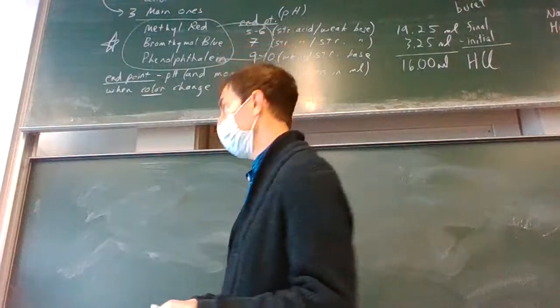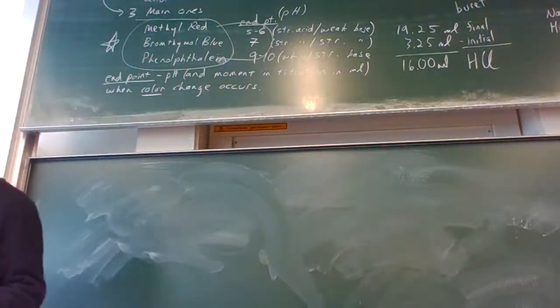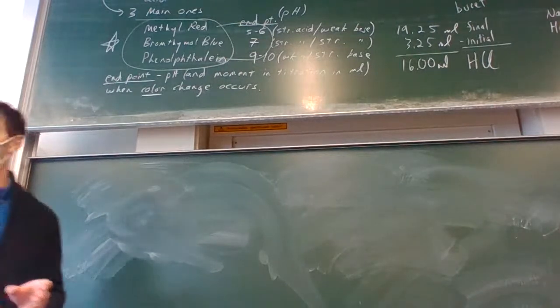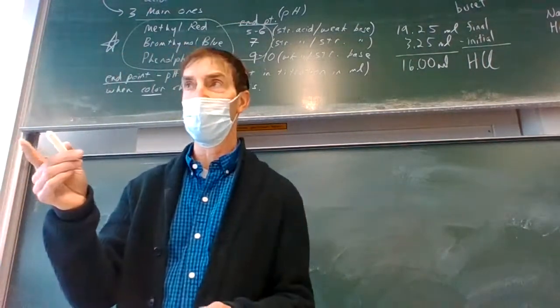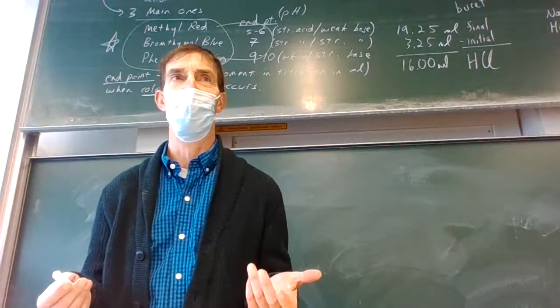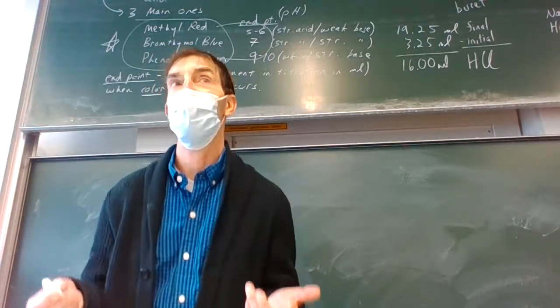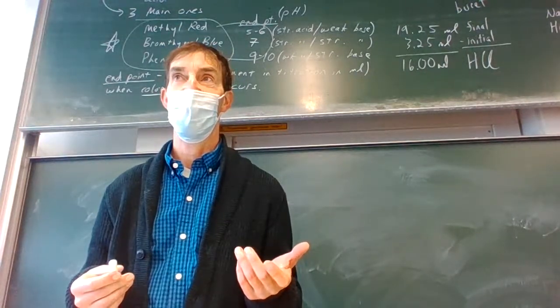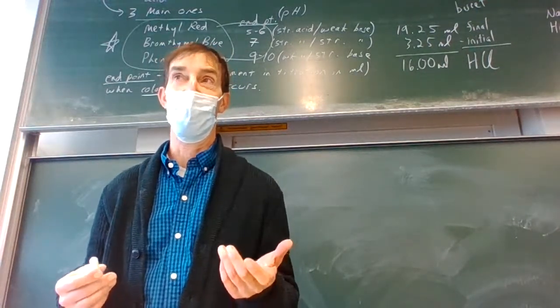By the way, Cheryl will not teach you that M1, V1, M2, V2. She hates it, but you're welcome to use that. What would be the problem here? What if I use H2SO4? Why does that make it more difficult? I got two H pluses coming off. That's a problem.